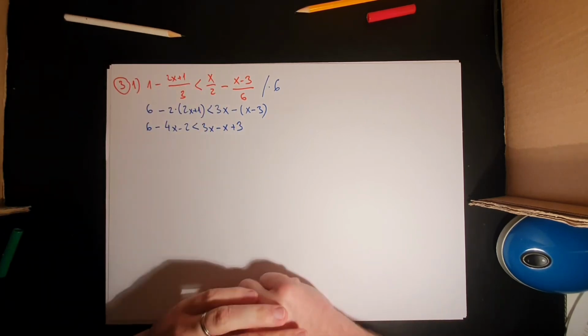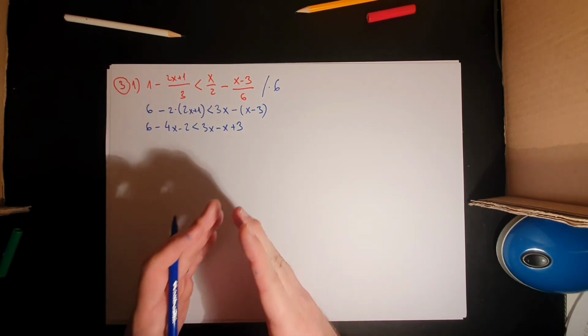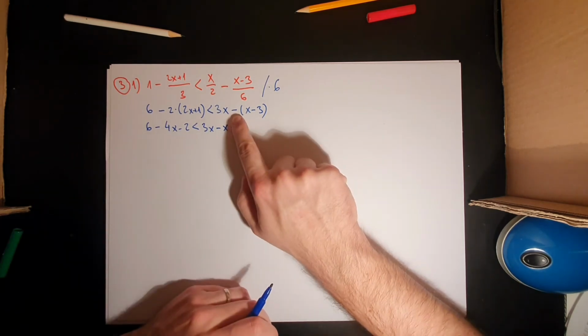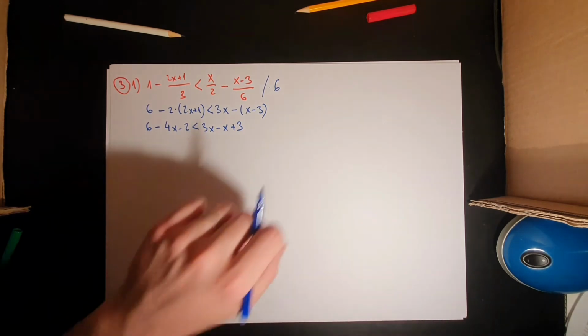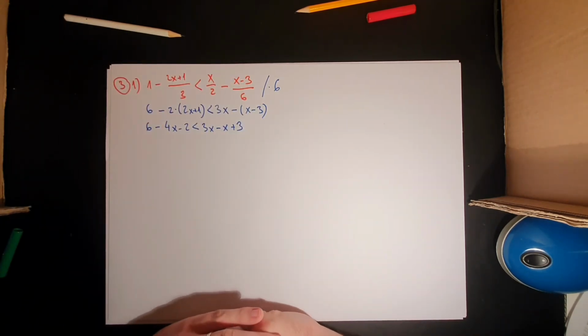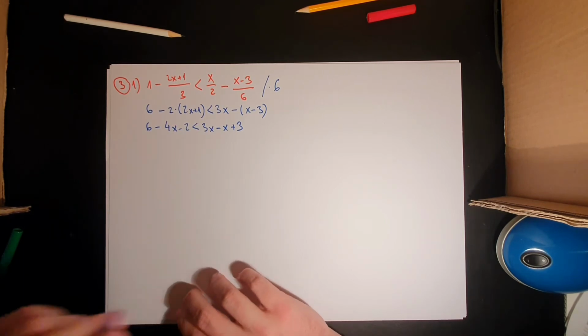Now watch out, guys, and this is something I have to tell you specifically. Watch out for the minuses before the bracket. Don't forget to apply the minus to everything inside of the bracket. This is the common mistake that most of you, and I included in that, sometimes do, so watch out for that. Practice makes perfect in this case, so try it as much as possible.